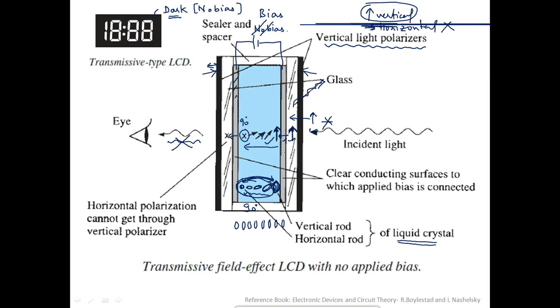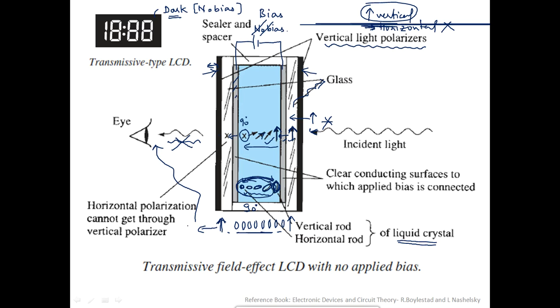So when they become perfectly aligned, the vertical light component is not at all affected by these molecules. It will just pass, and at the left hand side I will be getting the vertical component itself. And a vertical light polarizer easily passes the vertical components so that the human eye can see the light.